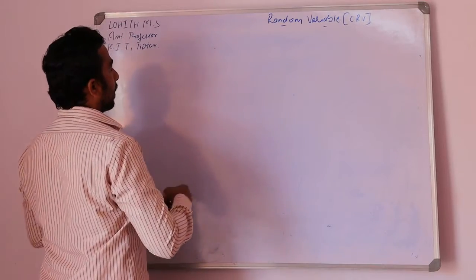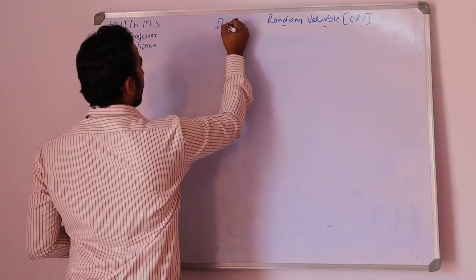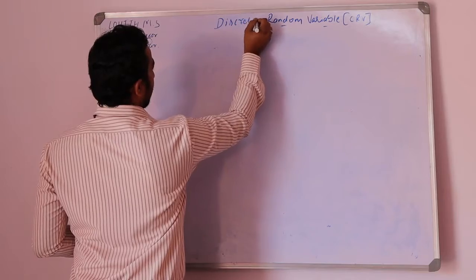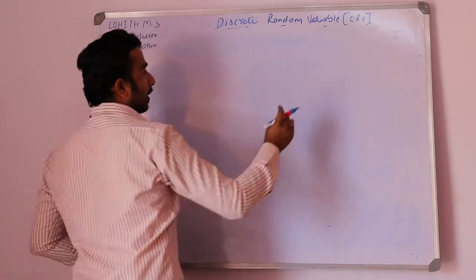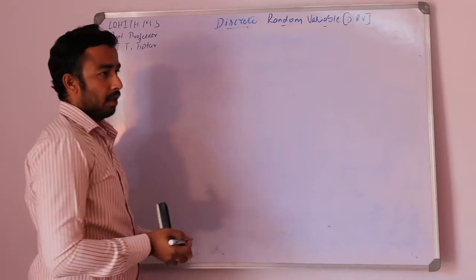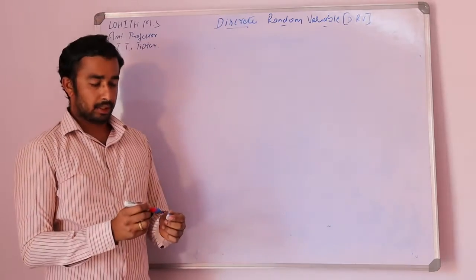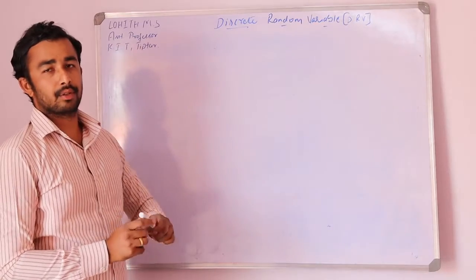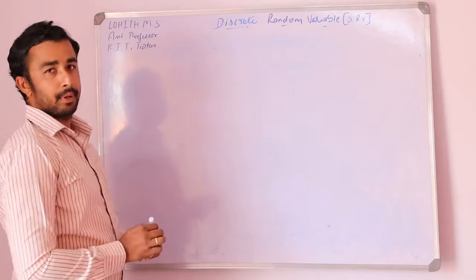The next kind of random variable is the discrete random variable. We'll call it DRV. In a continuous random variable, the cumulative distribution function is of a continuous type.